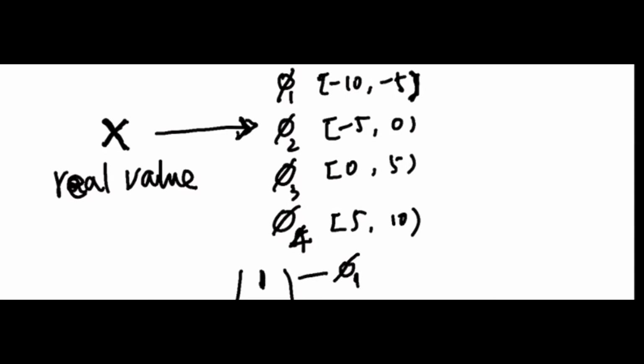For phi2, phi3, phi4, you will get 0, because X is not in those intervals. But if X is in -5 to 0, it will be mapped to a different vector, which will be 0, 1, 0, 0. These 4 elements correspond to phi1, phi2, phi3, phi4.